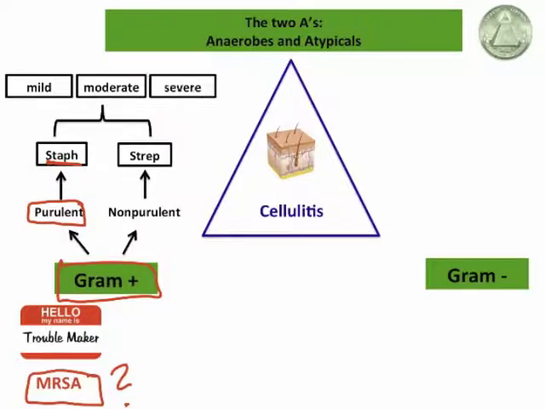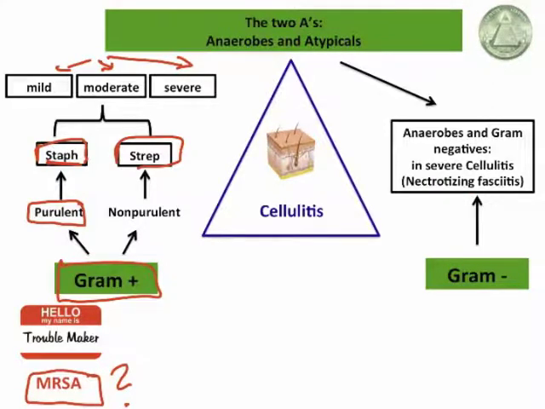Or is it severe? Is this a patient with positive SIRS criteria, evidence of systemic infection, as well as hypotension, going down the road of septic shock? The treatment depends on whether this is staph or strep, and how the patient is looking: mild, moderate, or severe.